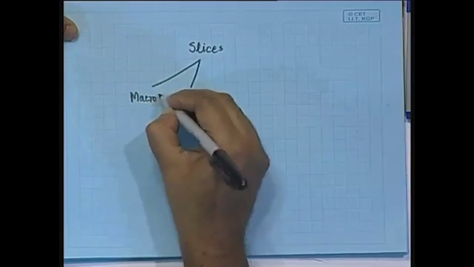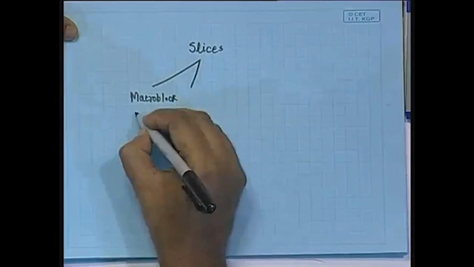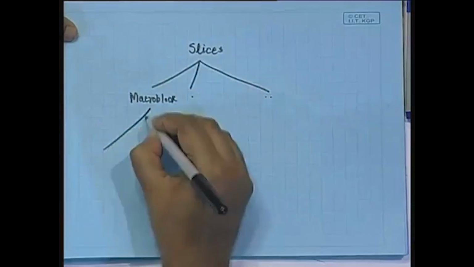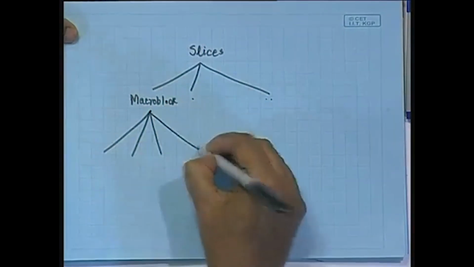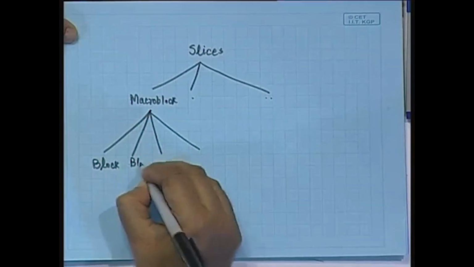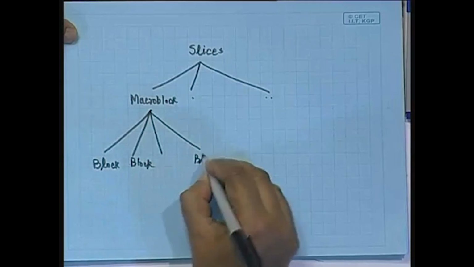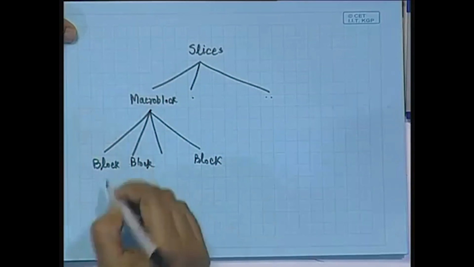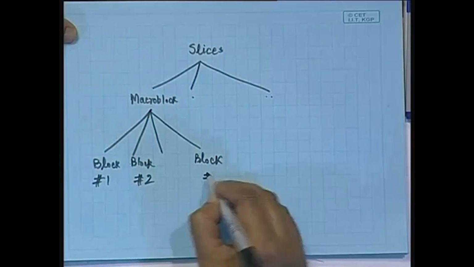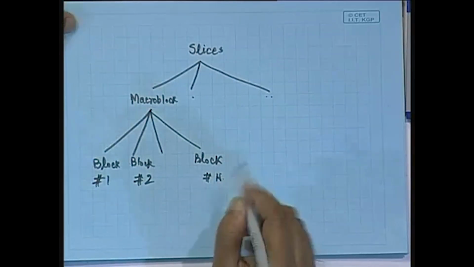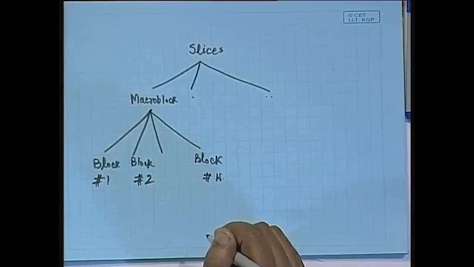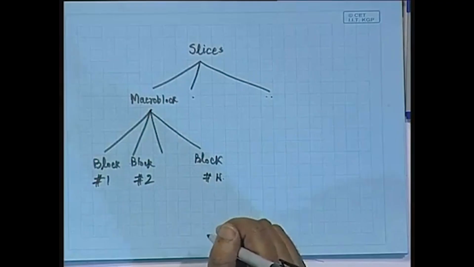Now, slices are composed of macro blocks. And what are macro blocks? Macro blocks are composed of a group of blocks. The macro block is partitioned into blocks, and you already know that the block size for all the initial standards was 8 by 8, but only in the most recent one the block size is variable, and it can be as low as 4 by 4.